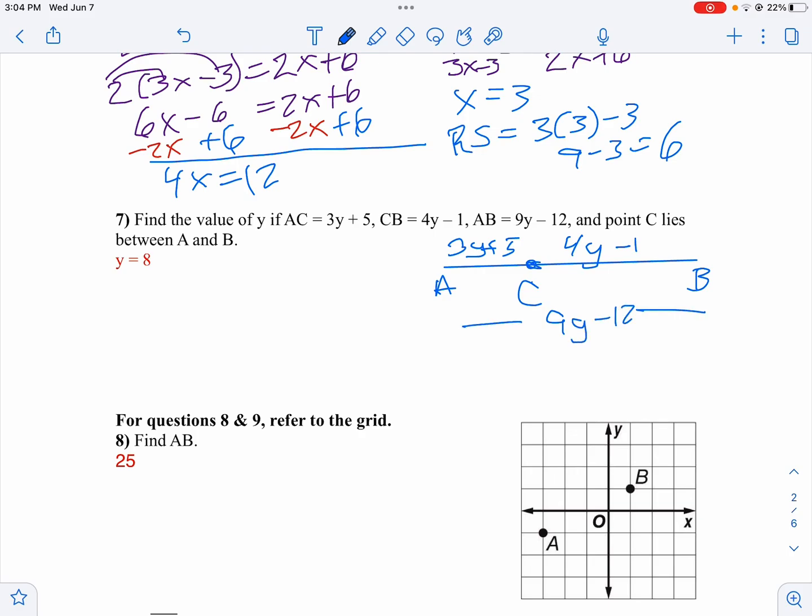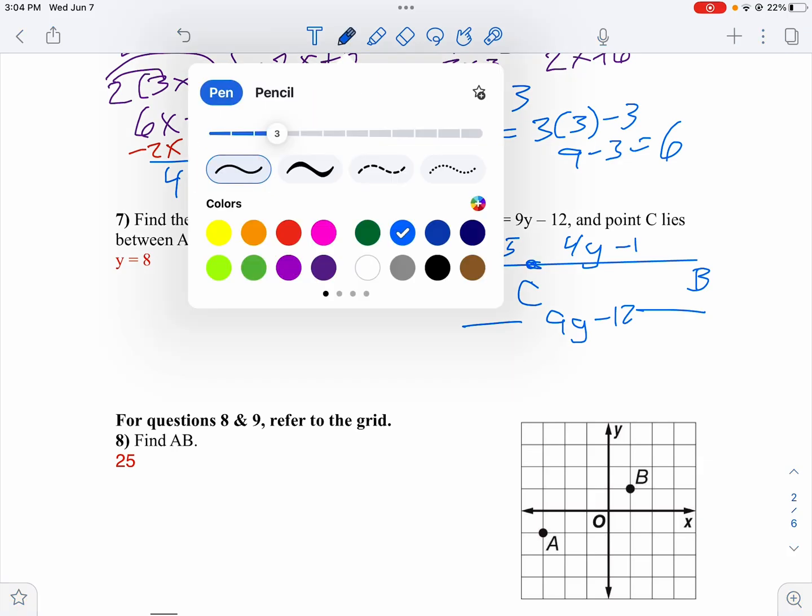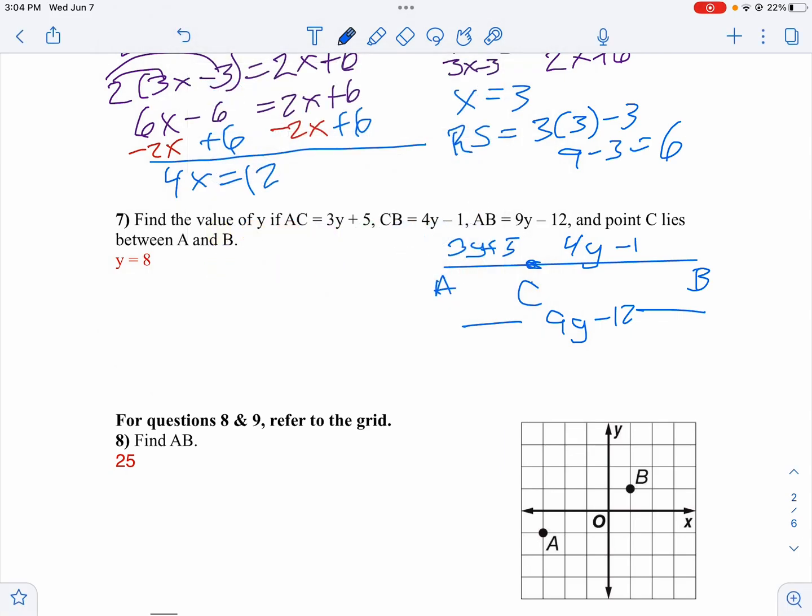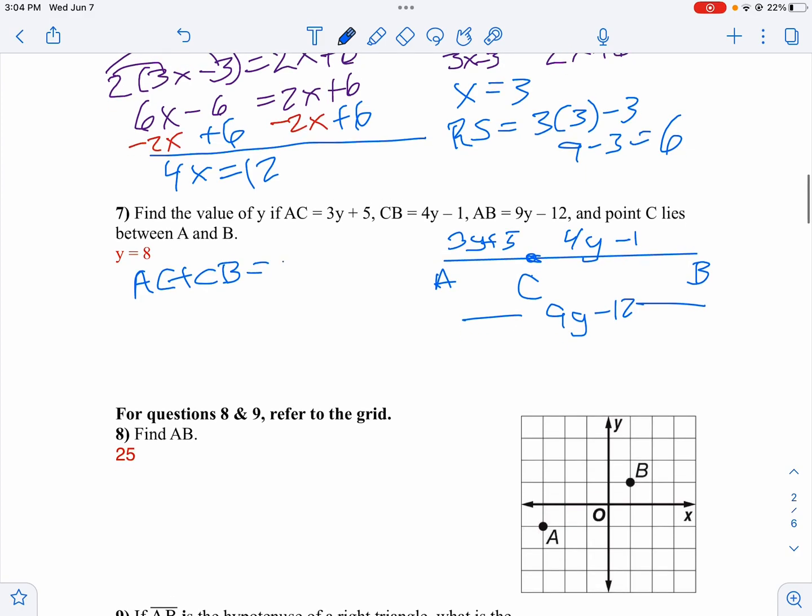So we're just going to use our segment addition postulate on this one. I'm going to say AC plus CB equals AB.